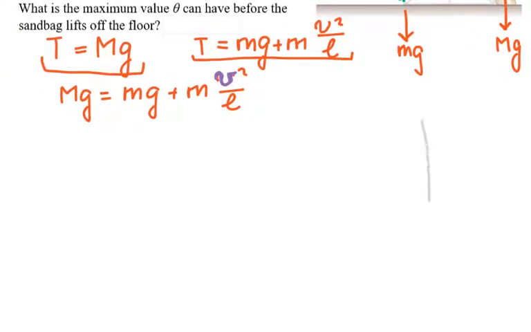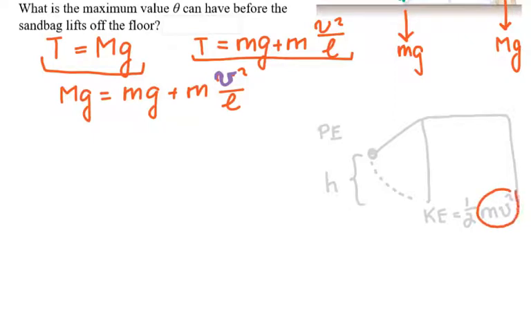If he is at a certain height h, by the time he gets to the bottom, his potential energy is going to turn into kinetic energy, which is 1/2 mv squared. So I'm going to use kinetic and potential energy to calculate what I need to replace this mv squared, because I do not know the velocity.